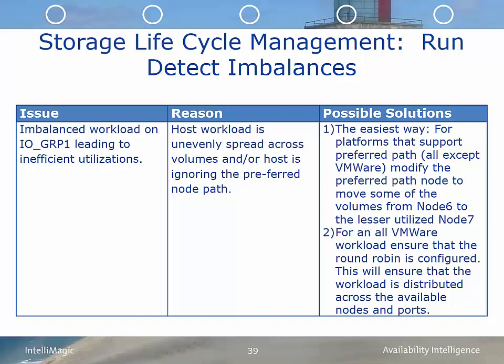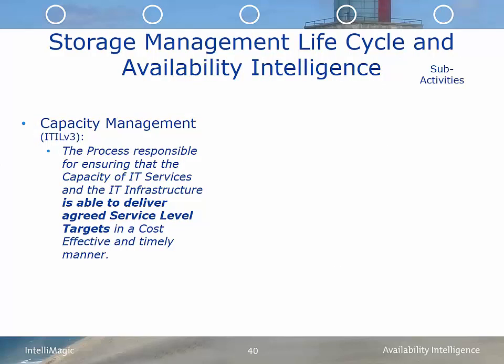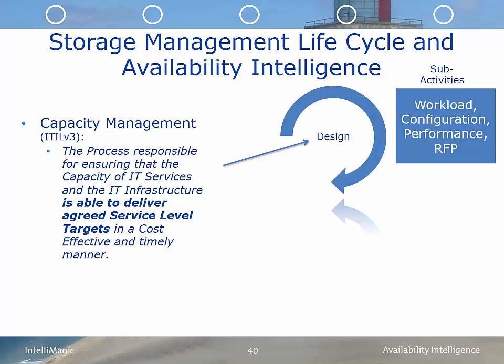Managing the storage lifecycle with availability intelligence takes intentional steps throughout the design, build, and run phases of the continuously running lifecycle. During the design phase, availability intelligence activities include gathering workload and configuration information, defining performance requirements, and submitting RFPs that include performance requirements.